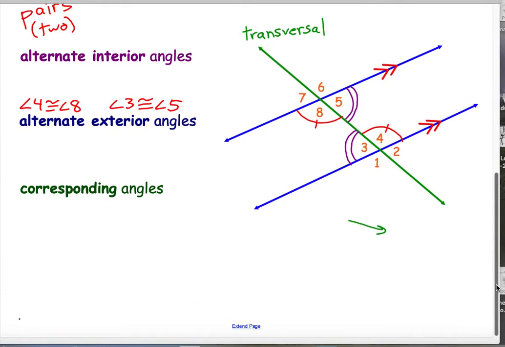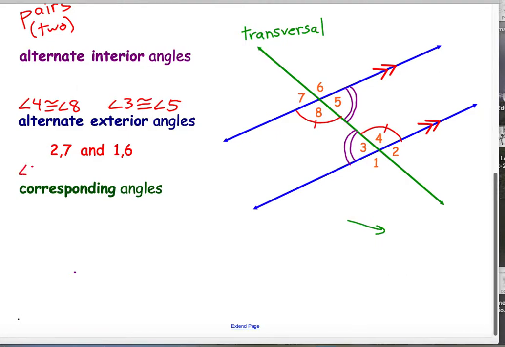So this is telling us, once we identify the alternate exterior angles, 2 and 7, 1 and 6, we know those are congruent. So angle 2 is congruent to angle 7, and angle 1 is congruent to angle 6. But wait a minute, 1 and 4 are vertical, so I also know that 1 and 4 are equal.